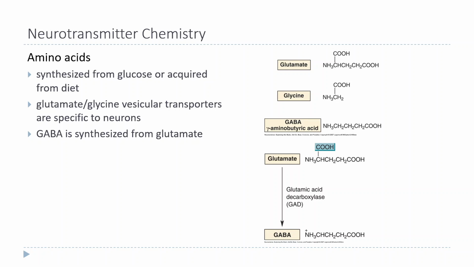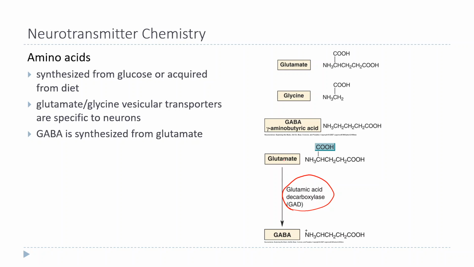GABA, meanwhile, is also an amino acid, even though it's missing one of its carboxyl groups. But really, it's just a decarboxylated version of glutamate. And so GABA is made by an enzyme called glutamic acid decarboxylase. Again, it does what it says on the box. Glutamic acid is just another name for glutamate. Glutamate, if you know your chemistry, is just the conjugate base, I'm sorry, of glutamic acid.